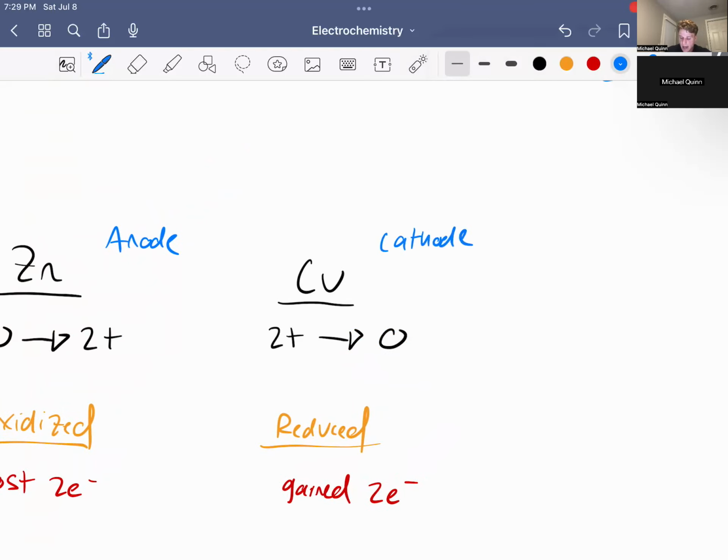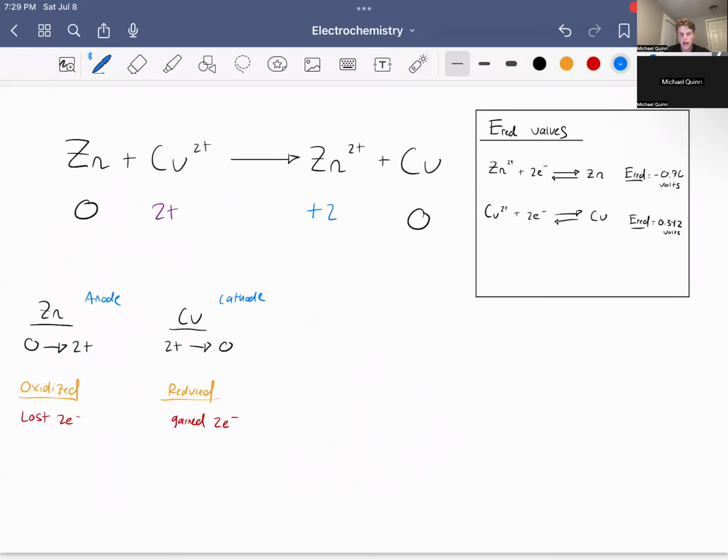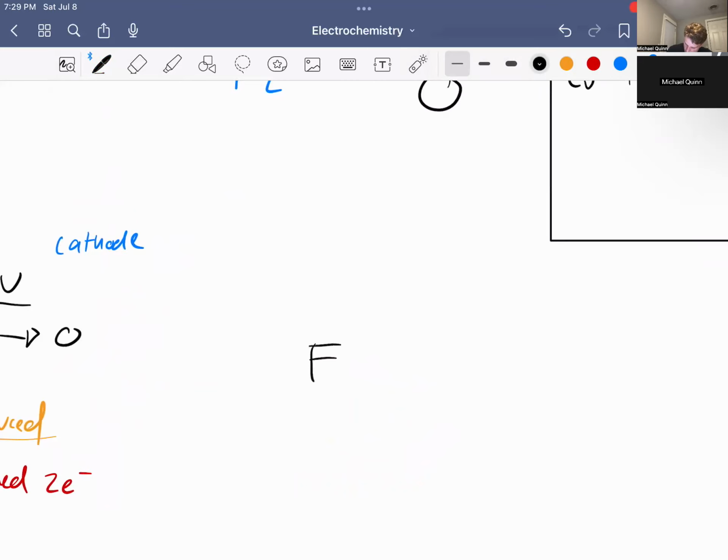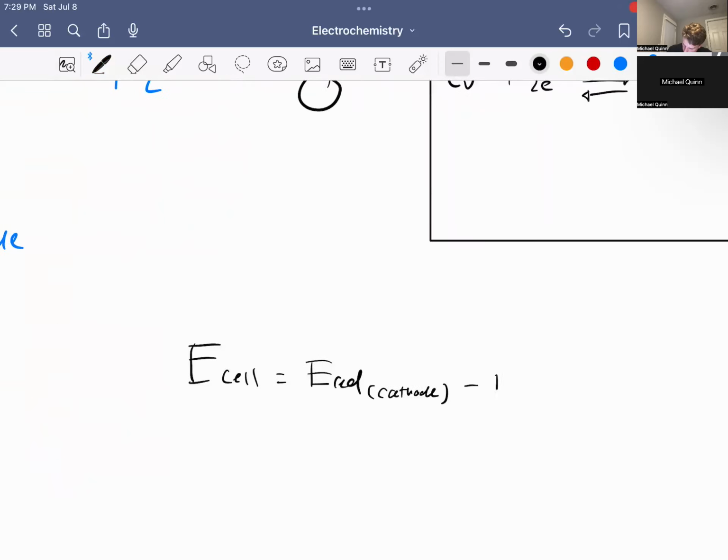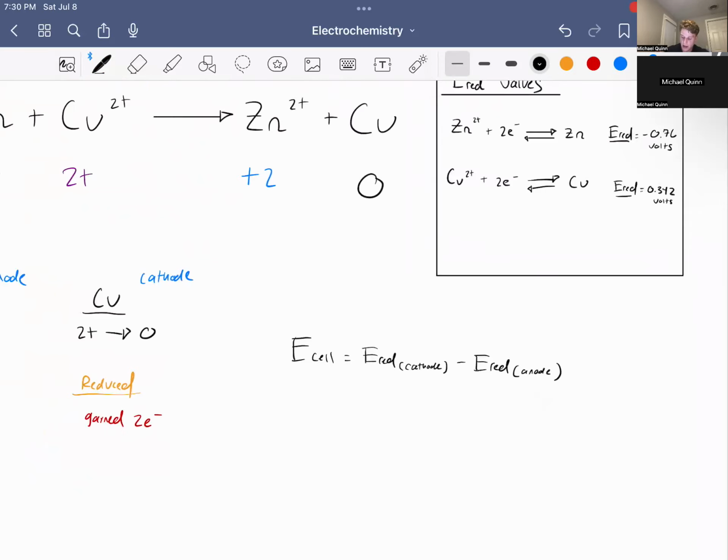So now we need to decide if we set up an electrochemical cell with zinc at our anode and copper at our cathode, would this electrochemical cell run spontaneously or not? So let's say E cell is equal to the reduction potential of our cathode minus the reduction potential of our anode, and fill in our values.